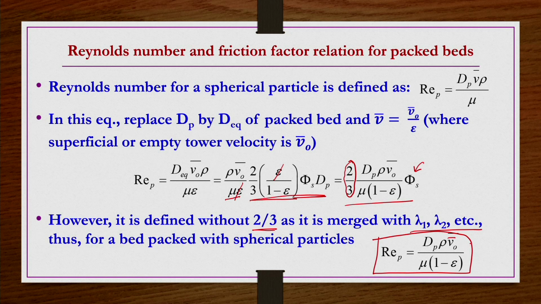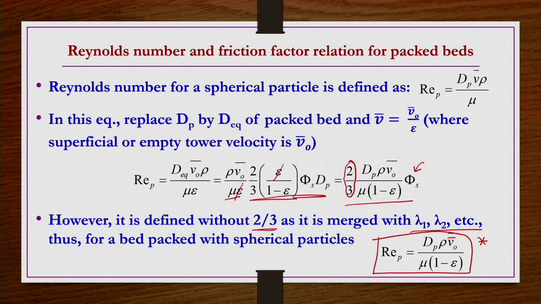Only the 2 by 3 will not be there, because those constants in general are part of the tortuosity factors lambda 1, lambda 2, etc. So, we mix those up and write only one Reynolds number, because this is what we get if you do the dimensional analysis or dimensional consideration and try to find out the dimensionless parameters, Rep. You are going to get this one.